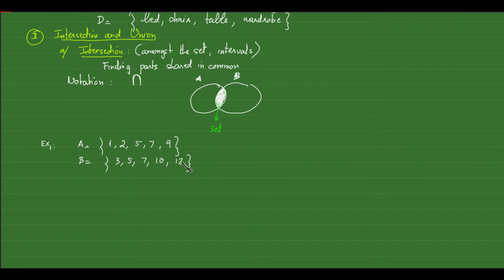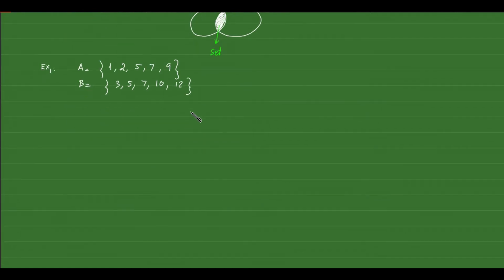And I want to find the intersection between set A and set B. Then the intersection between A and B, and because this intersection is a set, we also have to use the curly bracket. So we try to find something in common.